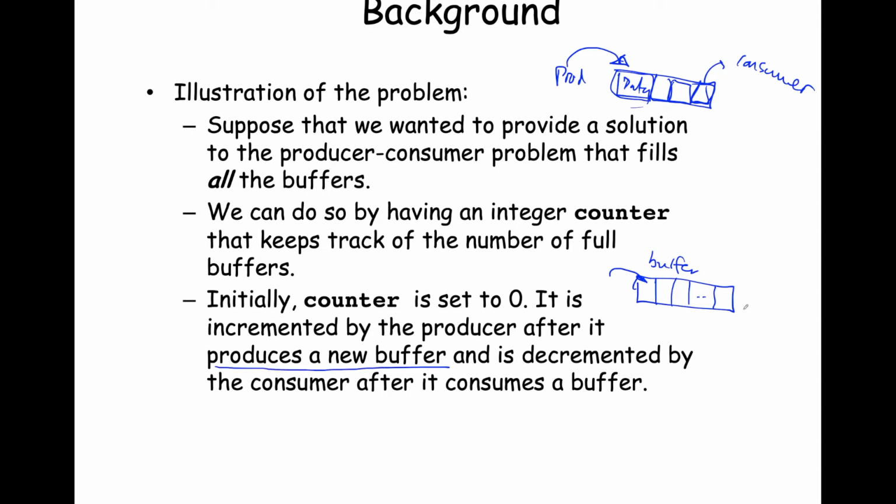And likewise, when the consumer removes a piece of data from that buffer, it's going to decrement the counter. So when you produce, it goes counter plus plus, representing the number of items in the buffer, and the consumer executes counter minus minus, because it's decreasing the number of data items in that buffer by 1.